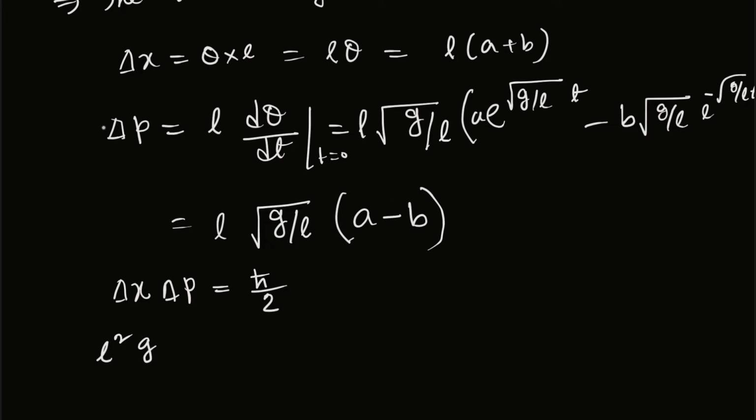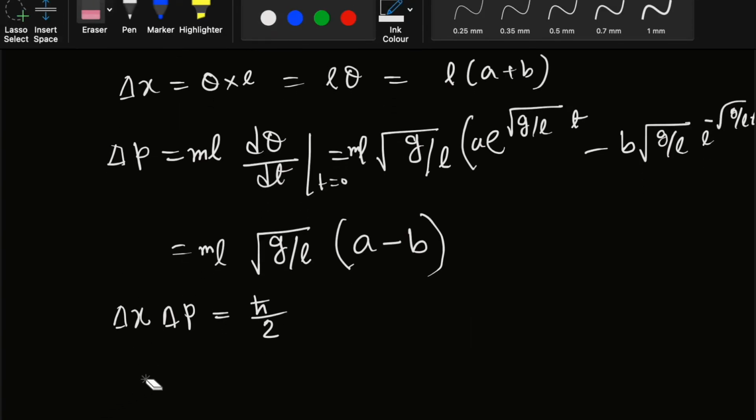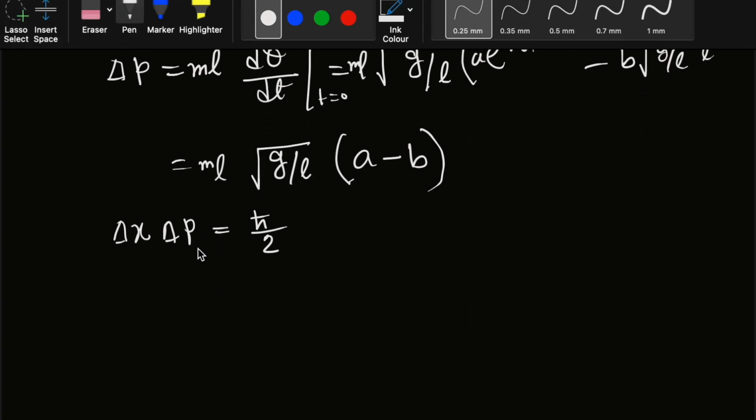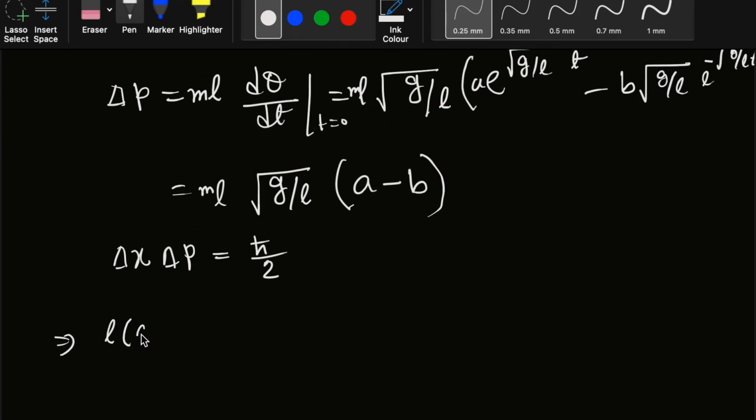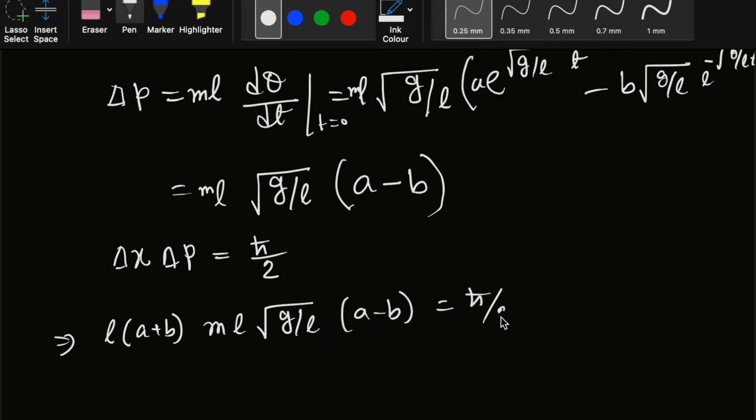There is a mass, p is m, so that is l square. Clearly here, delta x means l a plus b, and delta p is mass m l root over g by l, a minus b, should equal h cut by 2.